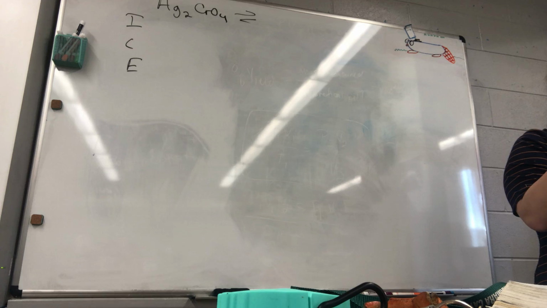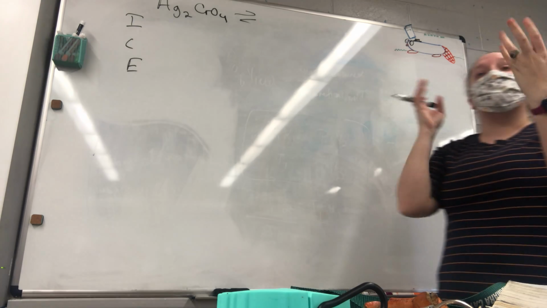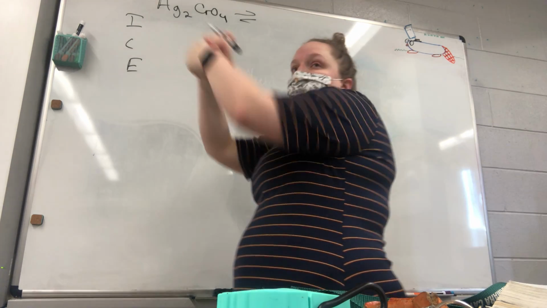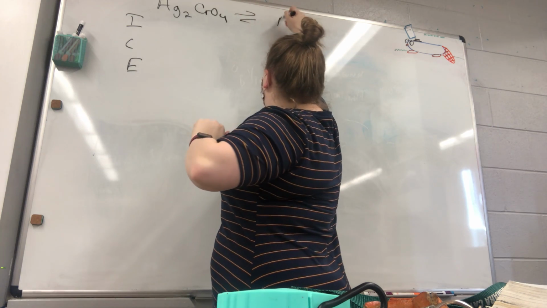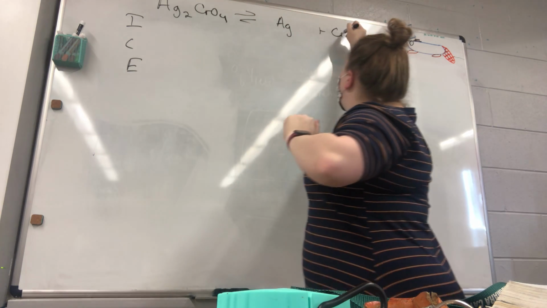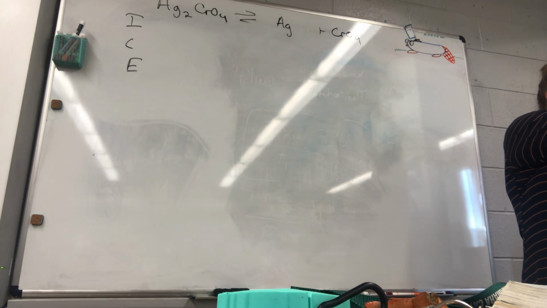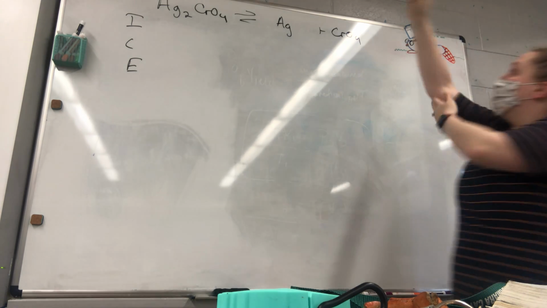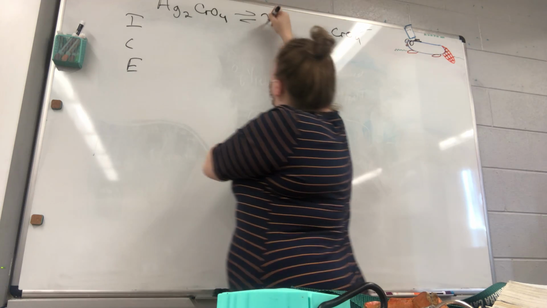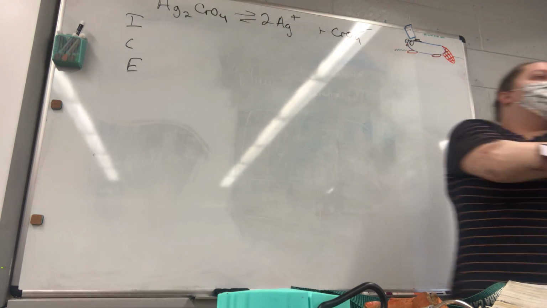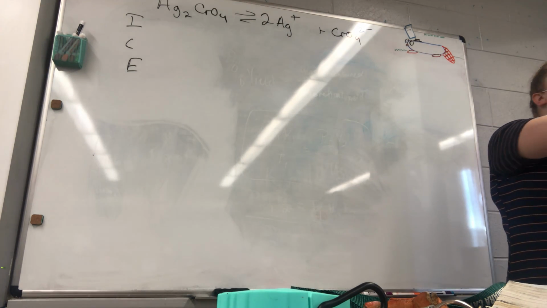If it is behaving like a salt, it's going to dissolve into what two parts? Good. Anybody remember the charge on one of those two things? CrO4 negative 2. Correct. Which makes the silver a +1. Okay?